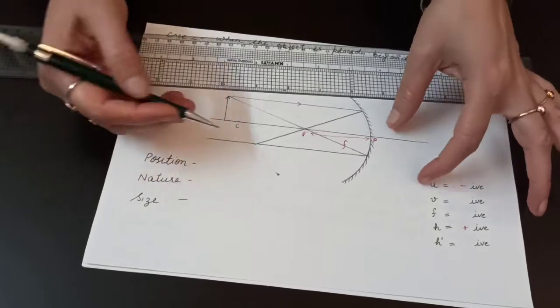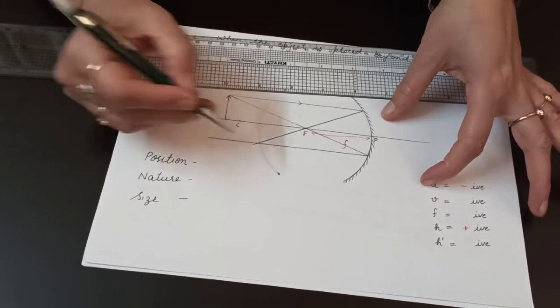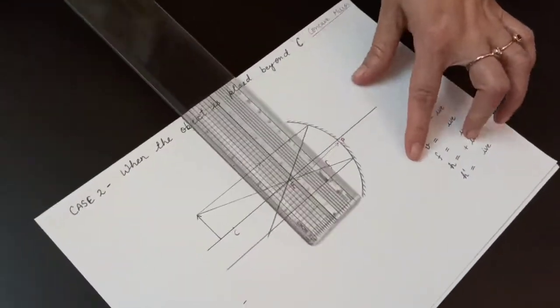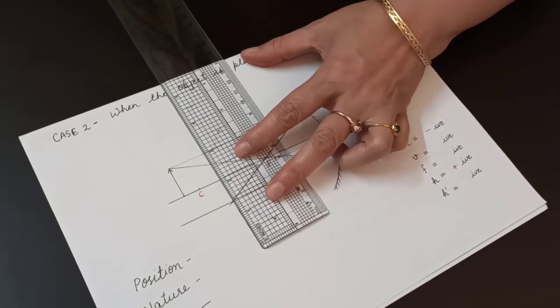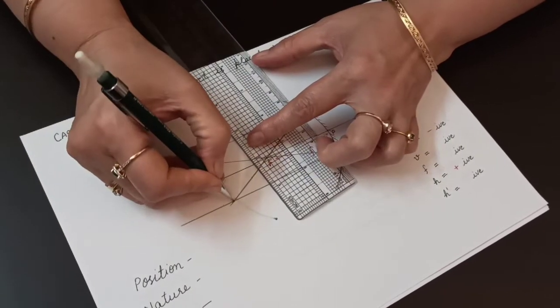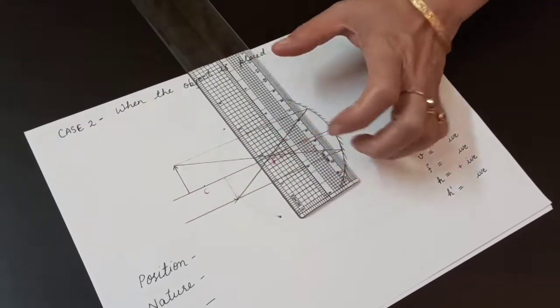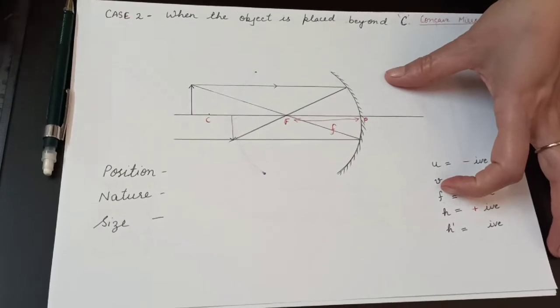Now see, the two meet at this point. So this is the point of image formation. So we will draw a line this way. So this is the object image. Now we will draw the arrows.